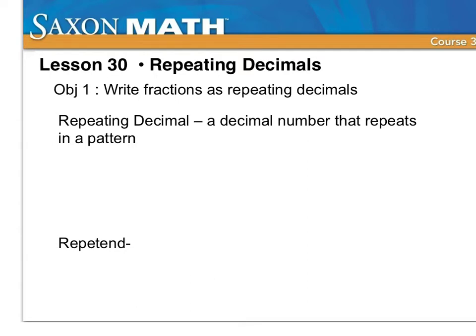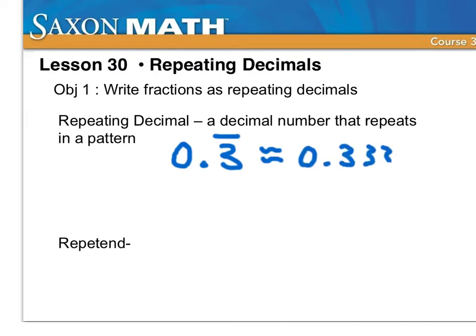Okay, so for example, it might look like this, where we've got something like 0.3 repeating. That means it's about 0.3333, and those 3's go on forever, they repeat themselves.